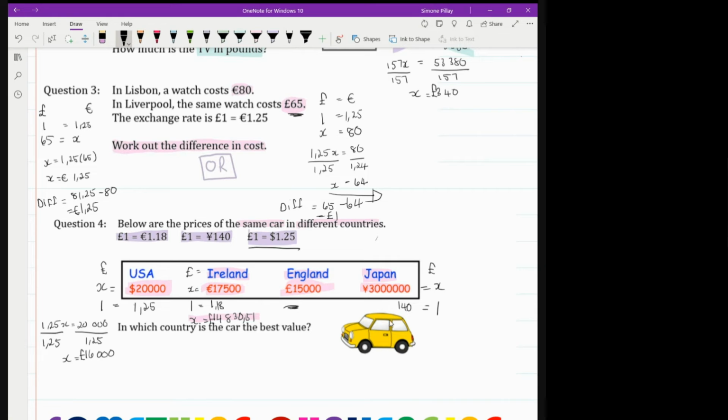Cross multiply, and you are going to get that 140x is equal to 3 million yen. We're going to divide both sides by 140, and x is going to be equal to 21,428.57.